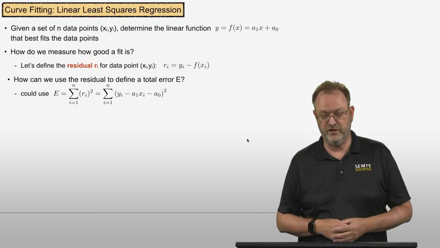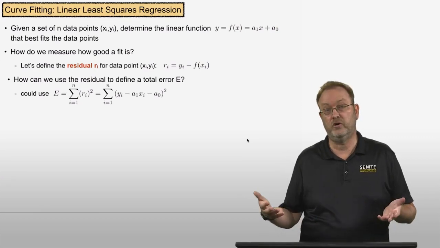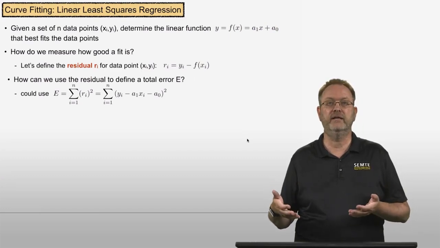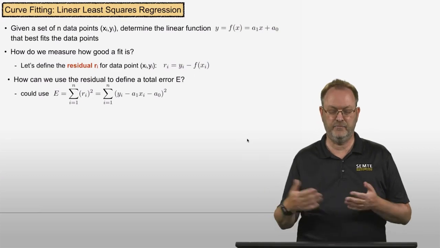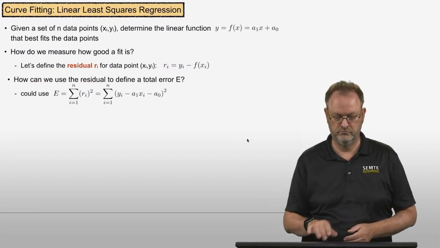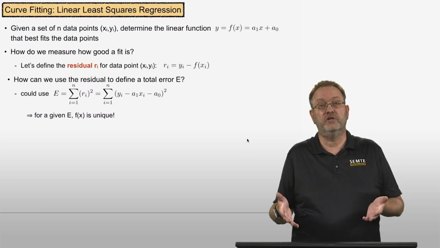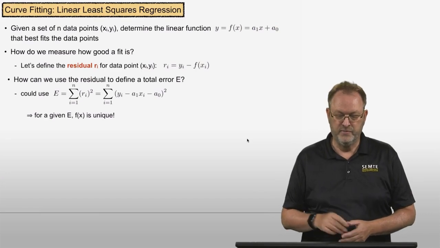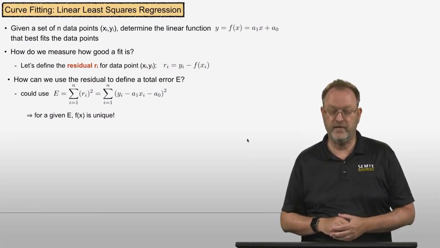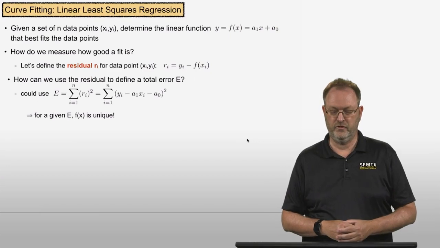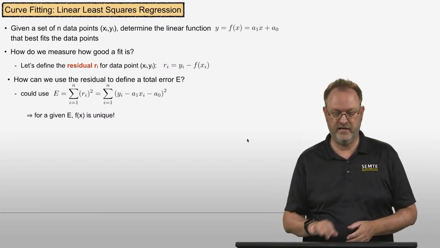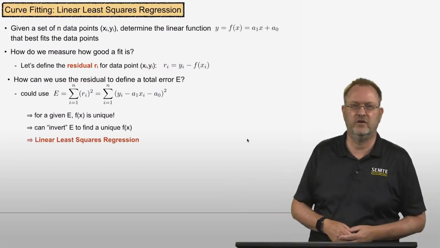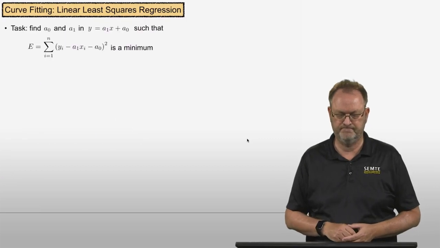Using the definition of the residual, that would be the sum over all data values from 1 to n of the measured value yi minus the value predicted from the linear function using xi. Fortunately, in this case, for a given error value, the linear function will be unique, which means we can solve this once we try to minimize the error. This is called linear least squares regression.